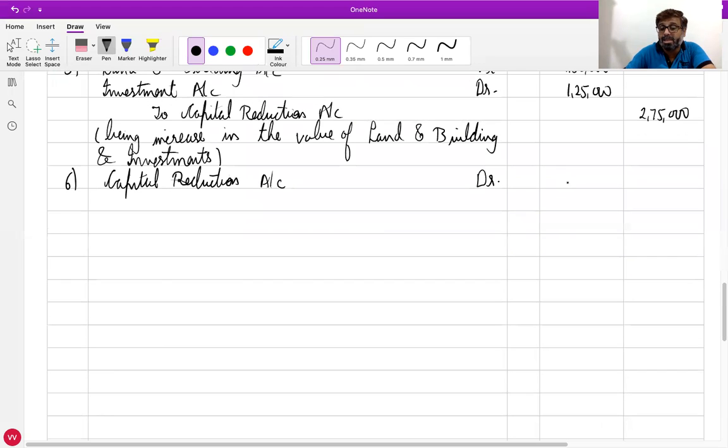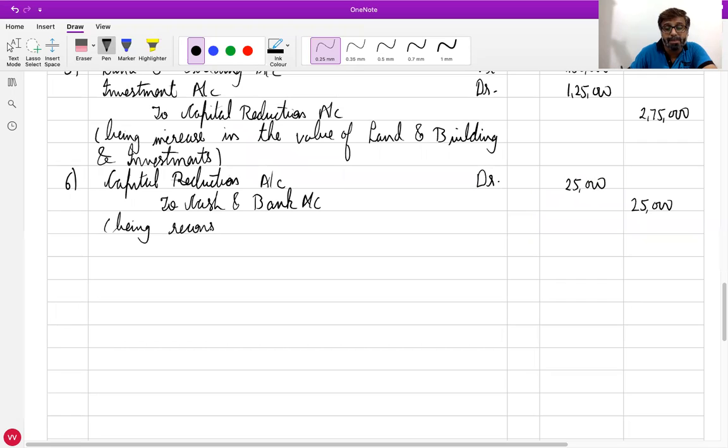And we are paying the money, so cash goes out, credit cash and bank account. Did you understand this entry, Sakshi? See that you watch the video lectures carefully. Being reconstruction expenses paid.